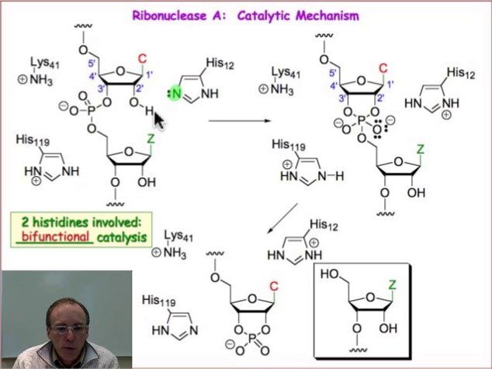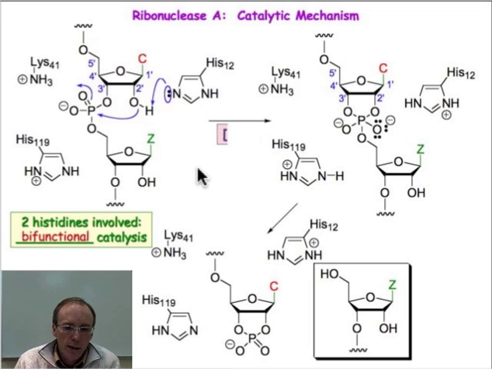It's going to deprotonate that hydroxyl group in a general base catalyzed way, which will allow it to act as an intramolecular nucleophile to the phosphodiester phosphorus atom. And that's what takes place in the first step. That's the addition step of the addition elimination pathway.